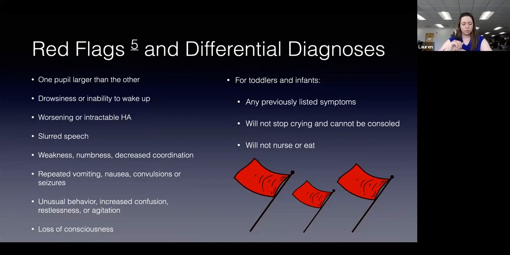Any abnormalities in cranial nerve testing would be a red flag. That's where one pupil being larger than the other comes into play, which would indicate an issue with the oculomotor nerve.